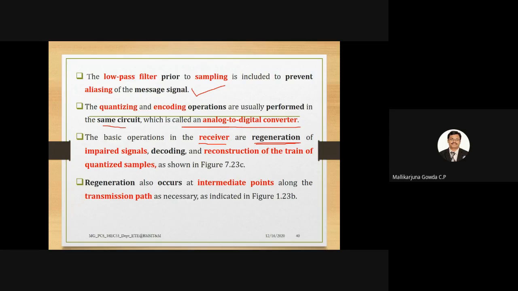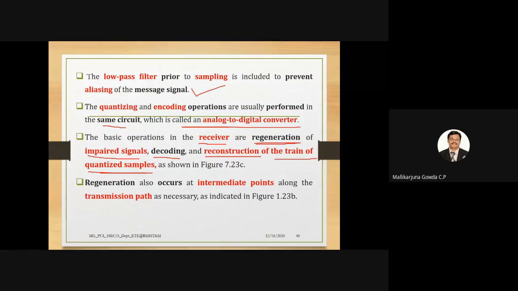We do the regeneration of the impaired signal, because as the signal is transmitted through the channel, noise is added to it. Then we do the decoding, and then the reconstruction of the train of quantized samples. These are the steps involved in regeneration and decoding at the receiver side.